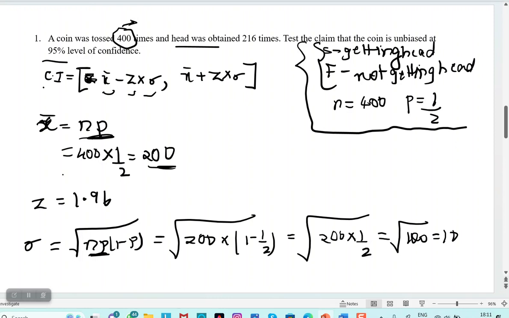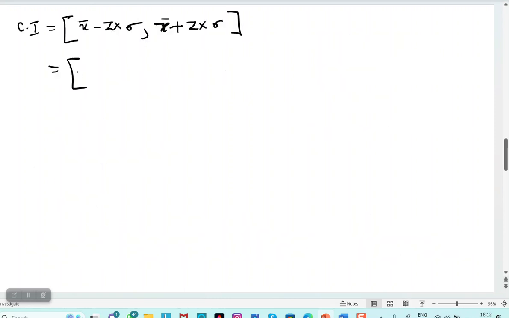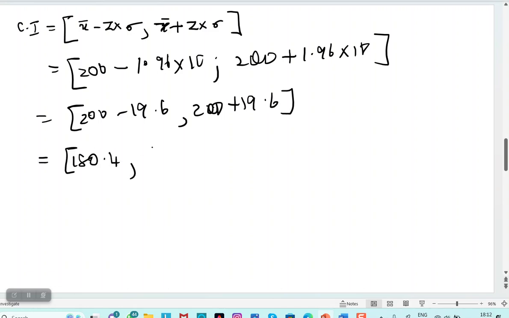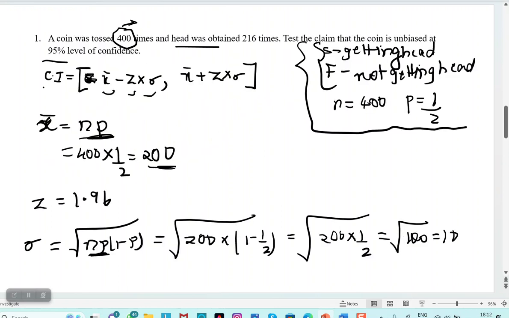X bar is 200, z is 1.96, sigma is 10. So we insert that: 200 minus 1.96 into 10, comma, 200 plus 1.96 into 10. This is 200 minus 19.6, comma, 200 plus 19.6, which is 180.4 to 219.6. This is our confidence interval. The question was asking to test the claim that the coin is unbiased.